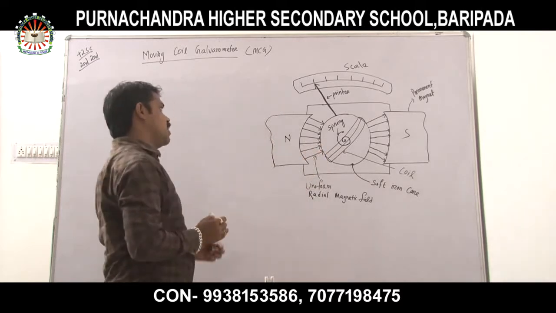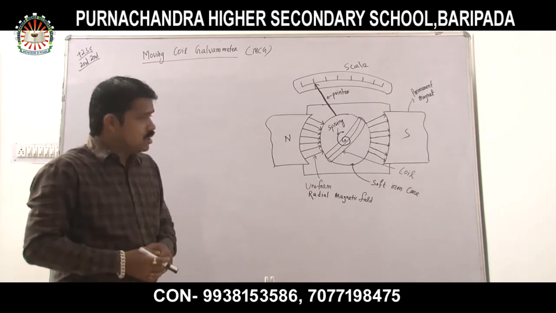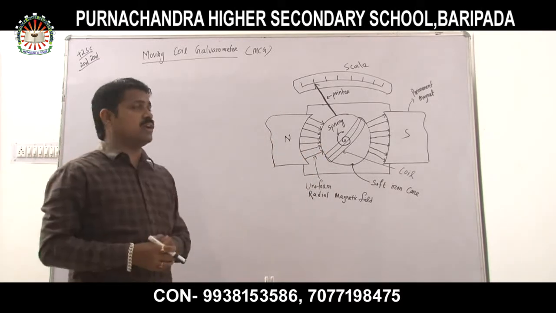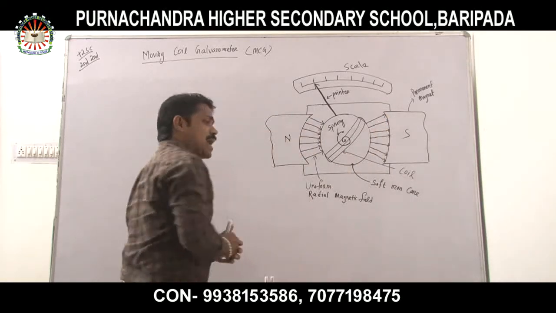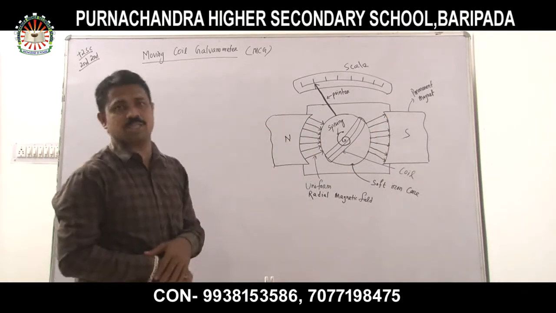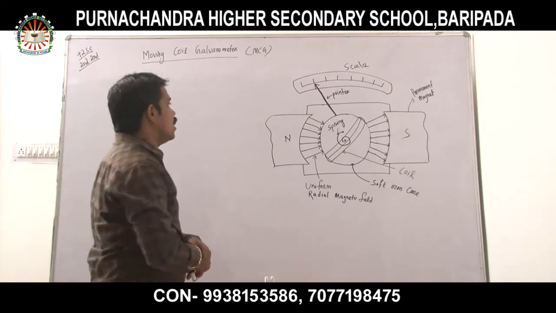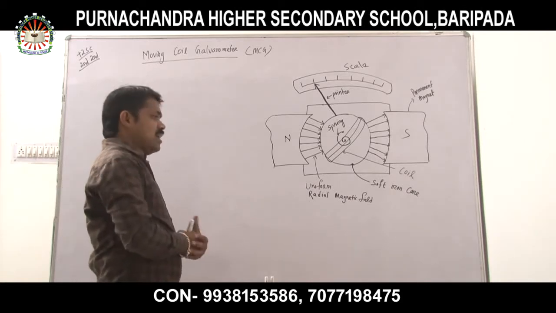To generate the radial magnetic field, we will take concave shaped permanent magnets. And why do we take the radial magnetic field?